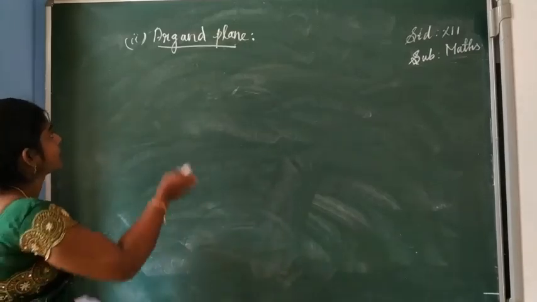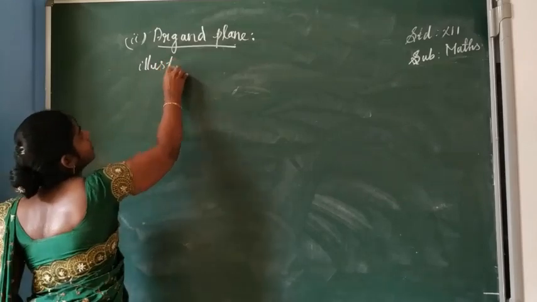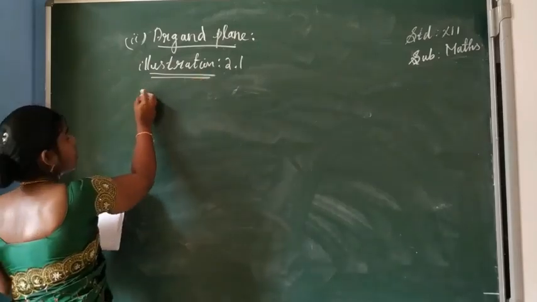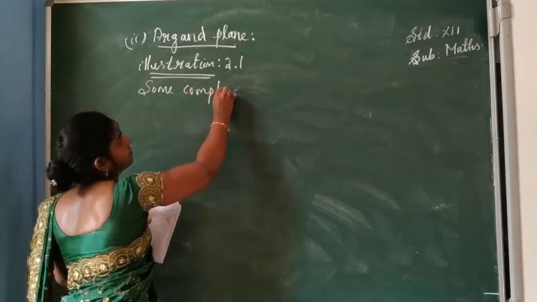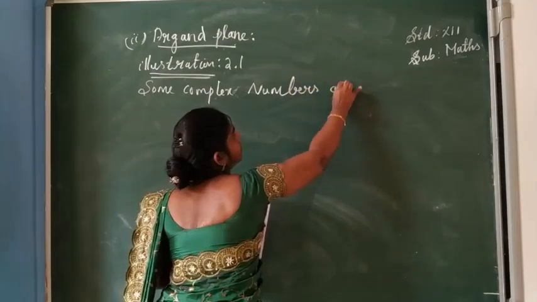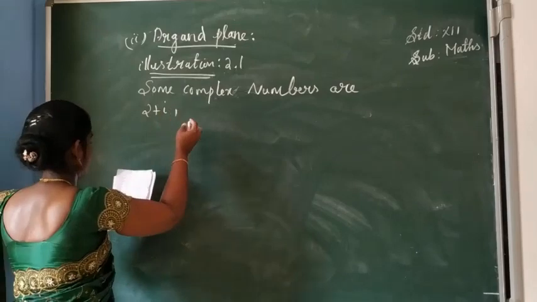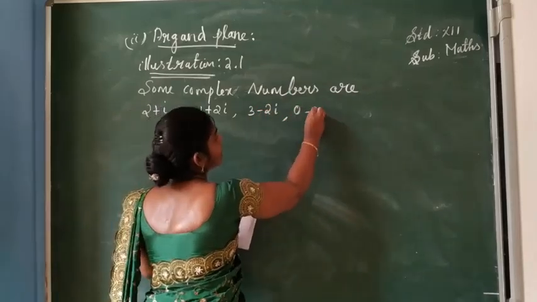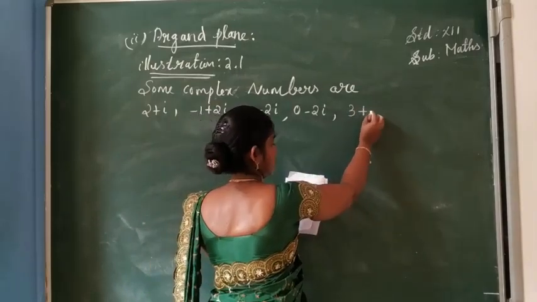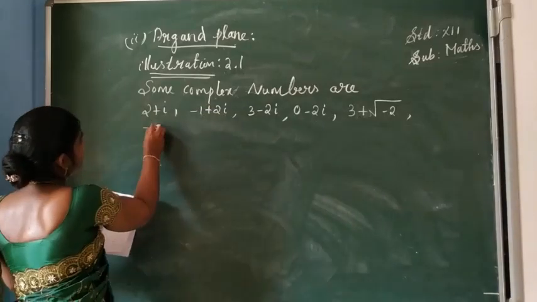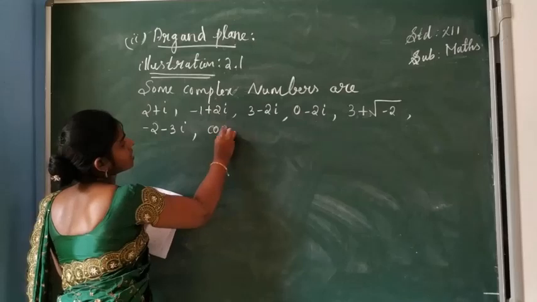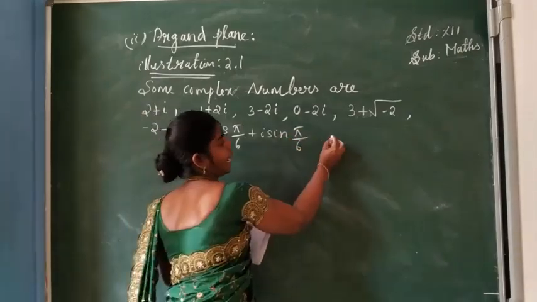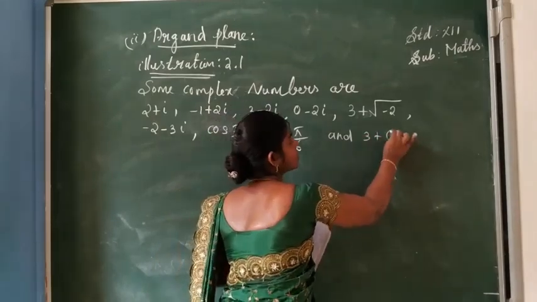Argand plane, illustration 2.1. Some complex numbers are given: 2 plus i, minus 1 plus 2i, 3 minus 2i, 0 minus 2i, 3 plus root of minus 2, minus 2 minus 3i, cos pi by 6 plus i sin pi by 6, and 3 plus 0i.